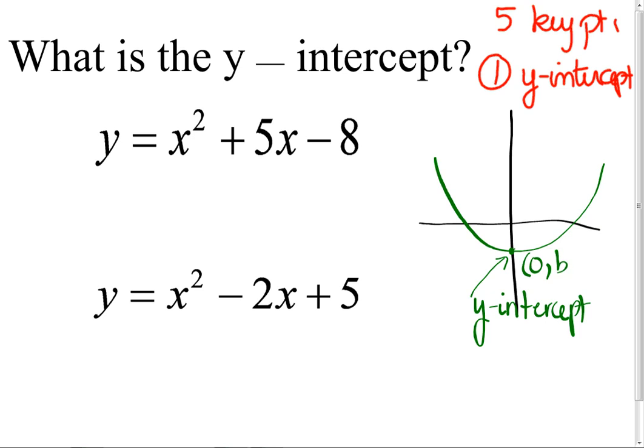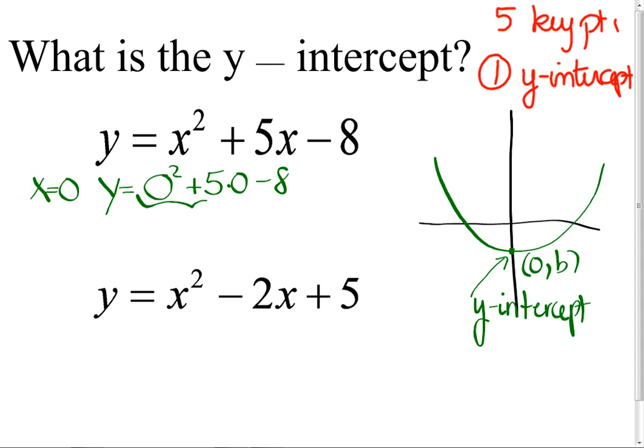So if you want to find the y-intercept in this problem, you would substitute in x equals 0. And what do you get? You have notes there. You don't need your iPad. So y equals what? With x as 0, 0 squared, 5 times 0, minus 8.